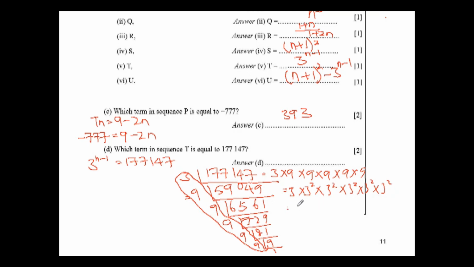So here we have 3 times 2, 4, 6, 8, 10 plus 1 is equal to 11, which means that 3 to the power of 11 is equal to 3 to the power of n minus 1. So 11 is equal to n minus 1. So the value for n is 11 plus 1, which is equal to 12. So the answer is 12.